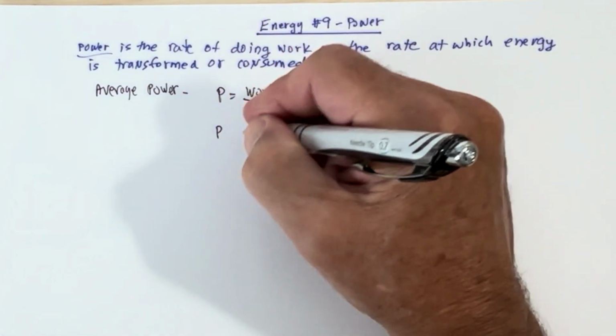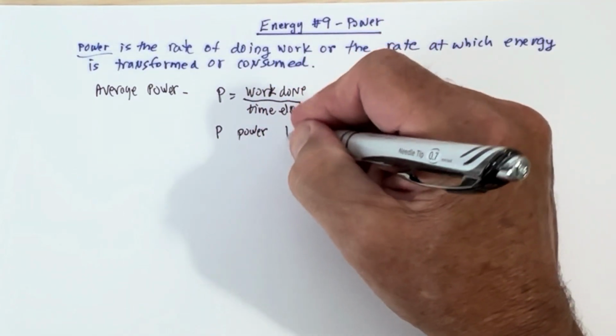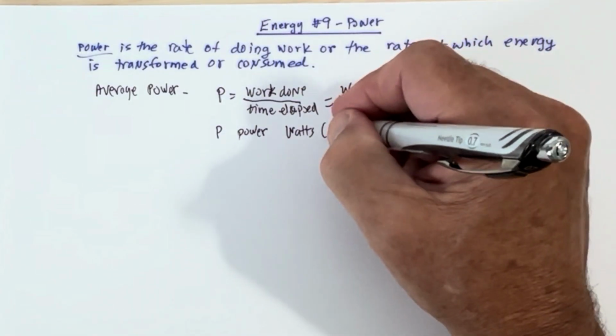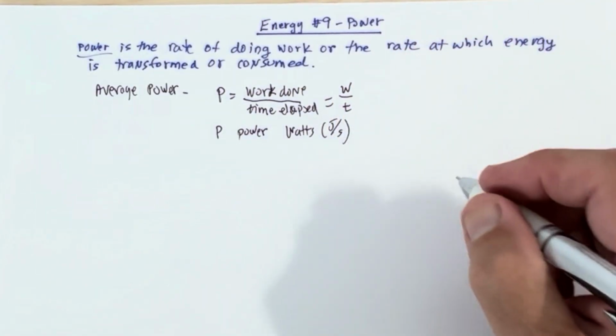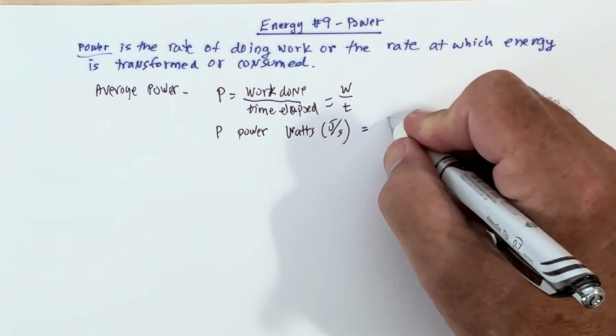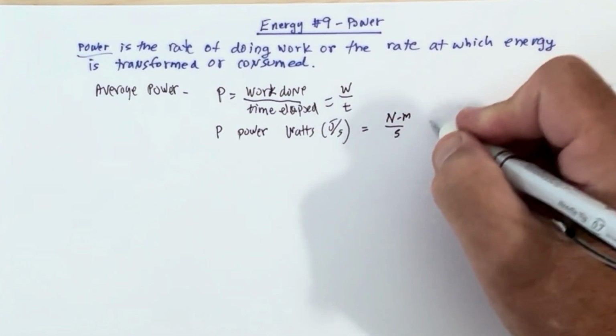So this is our power, and the power has units of watts, named after James Watt. That's going to be a joule per second. We're going to do a unit analysis on that. So our joule is a Newton meter per second.